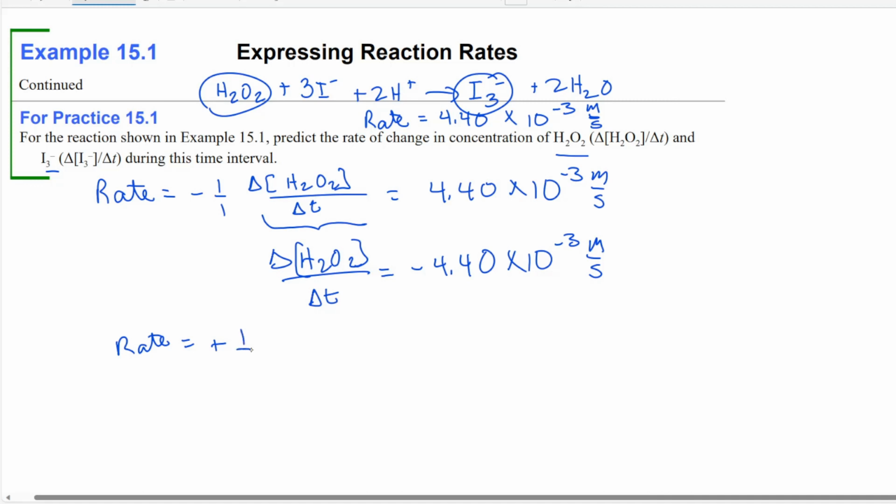So plus 1 over 1 times the change in I3⁻ over change in time is equal to 4.40 × 10⁻³, the previously calculated rate. Since this is positive, the change in I3⁻ concentration per change in time is just equal to the rate, which was 4.40 × 10⁻³ molar per second.